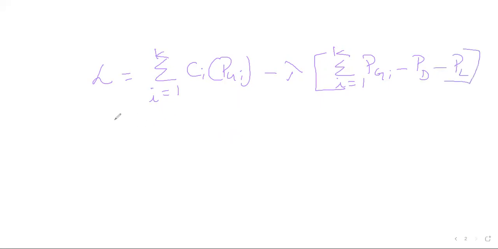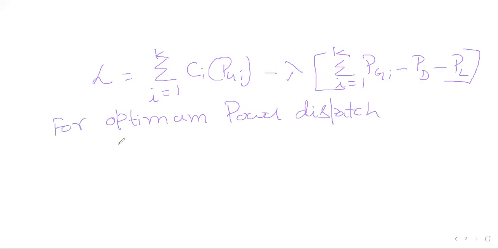For optimum power dispatch, the first partial derivative of the Lagrangian with respect to Pgi should be equal to 0.